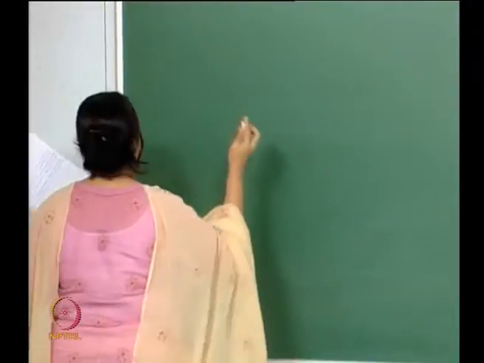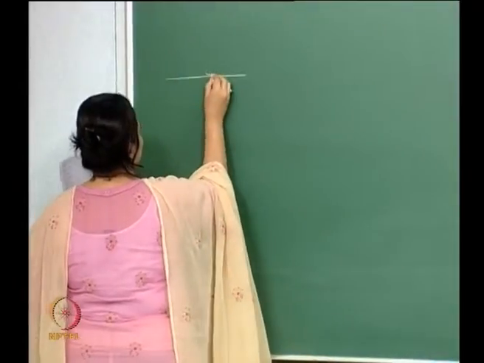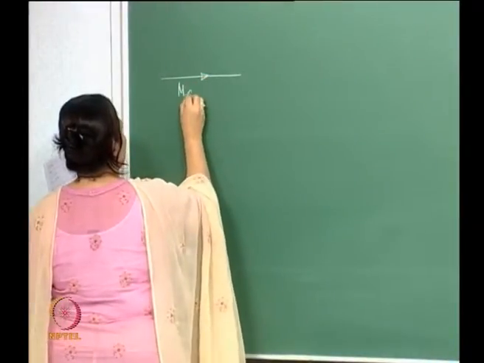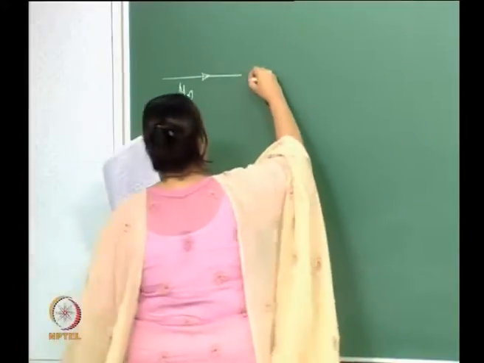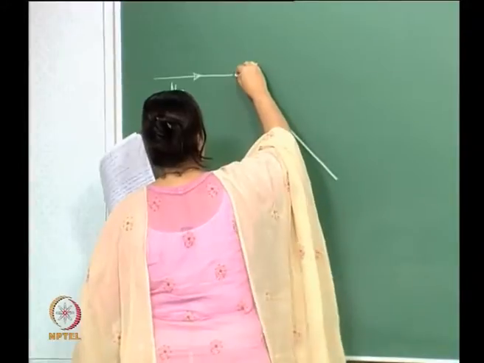So what we have here is our cone at an angle of attack. This is our free stream.